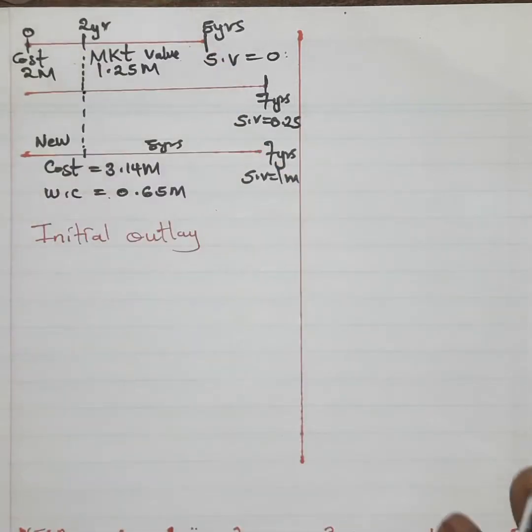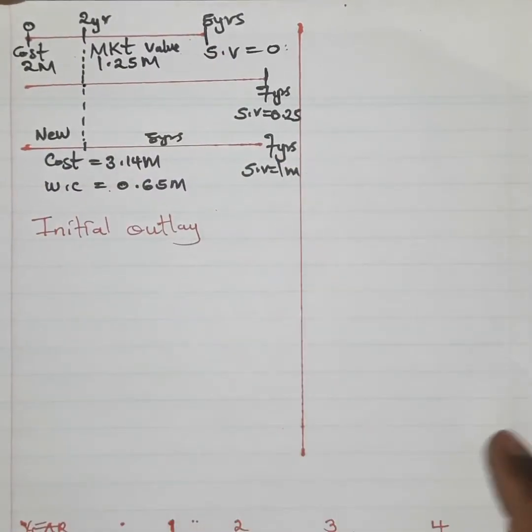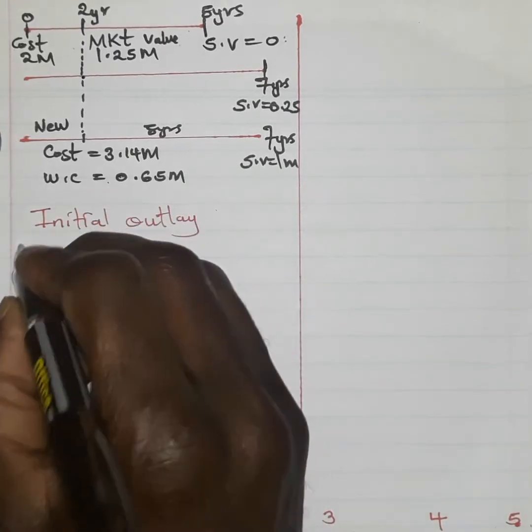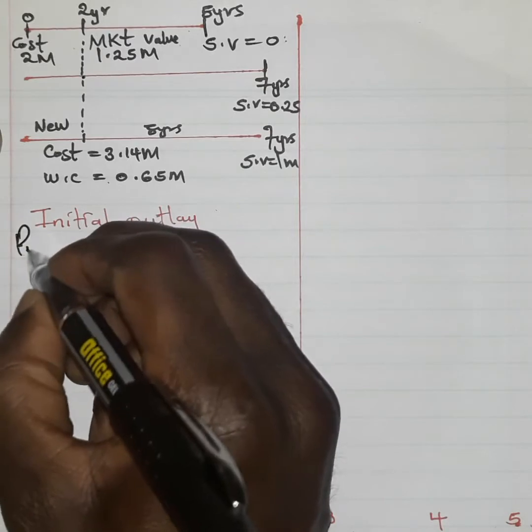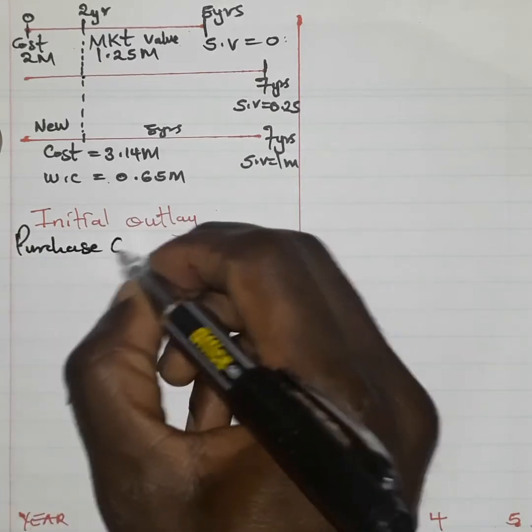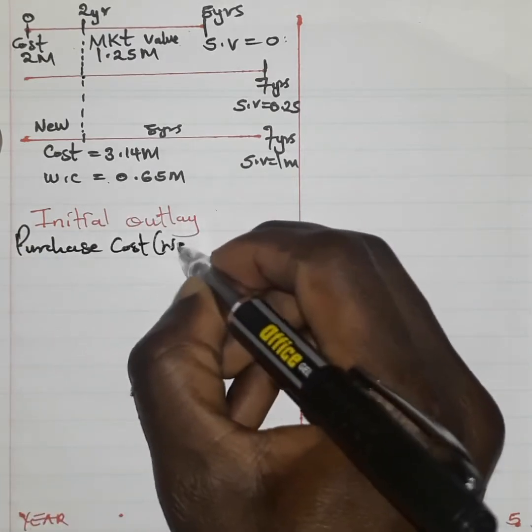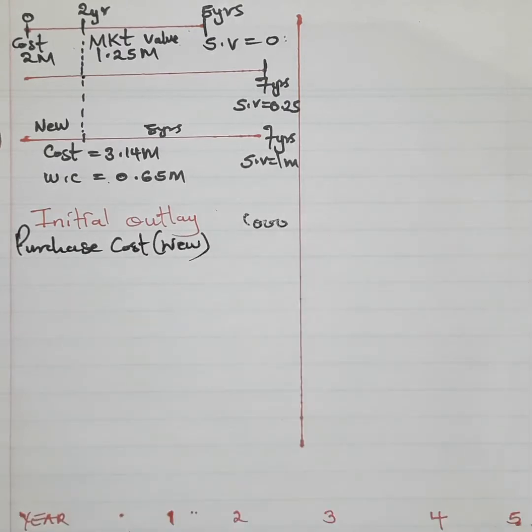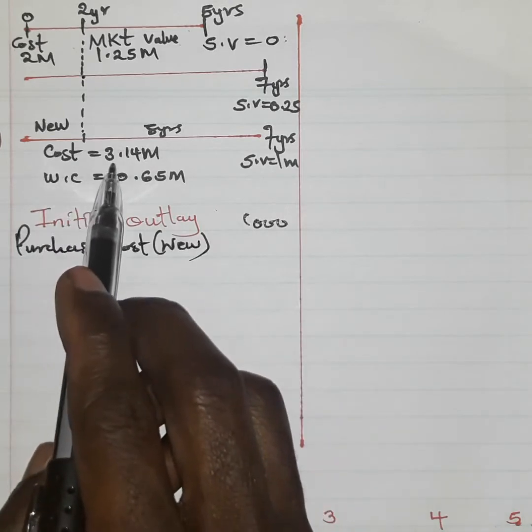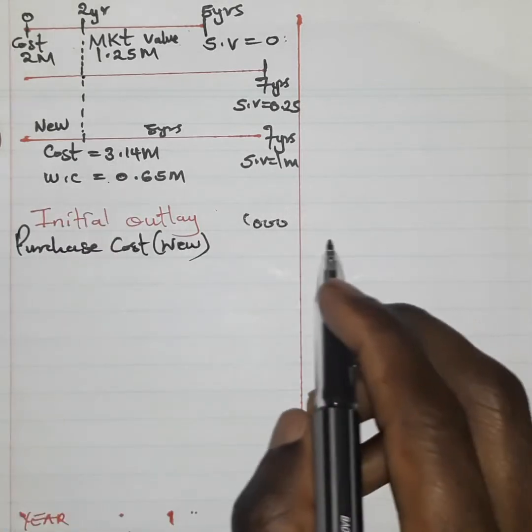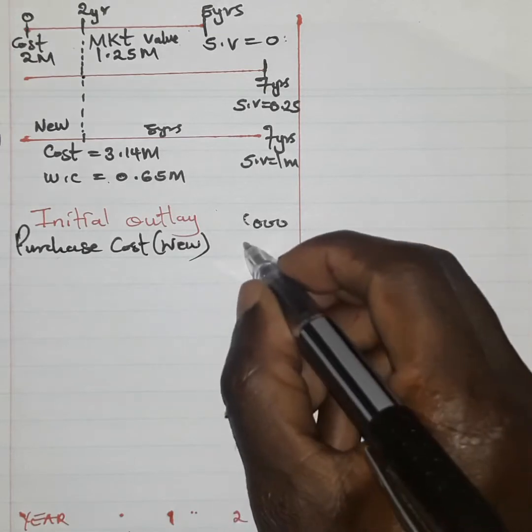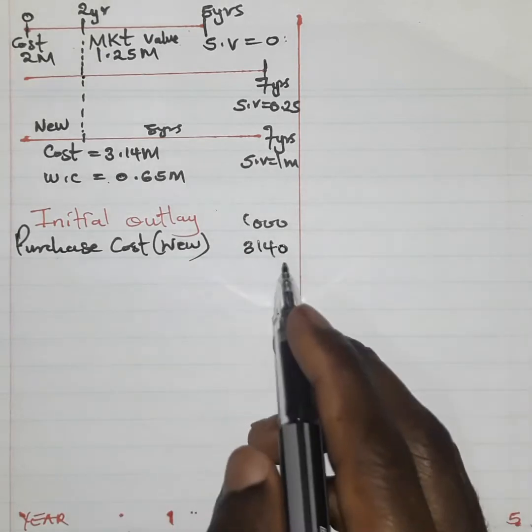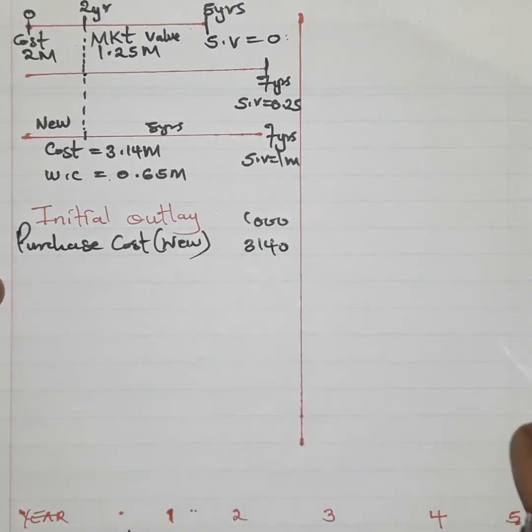So before we get the present value cash inflow, we are supposed to get the initial outlay, and we are supposed to factor in the purchase cost of the new machine, and we are going to work in terms of thousands. So the new machine was purchased at the value of 3140. That is in terms of thousands. We are negating the 0 to make work easier.